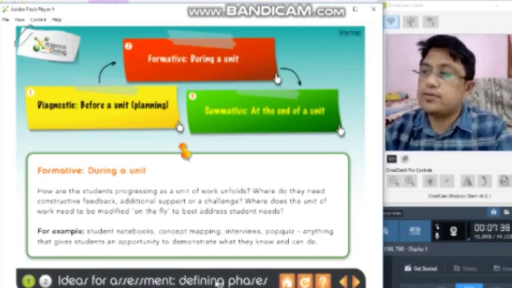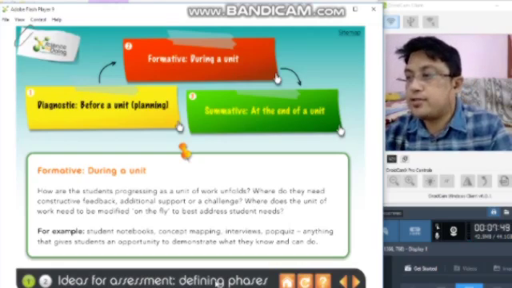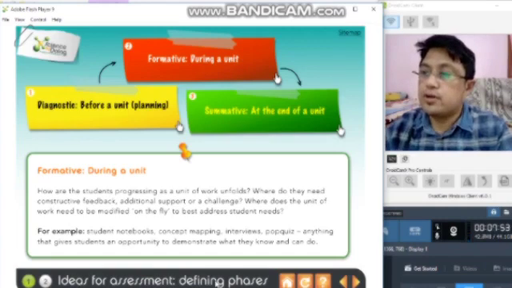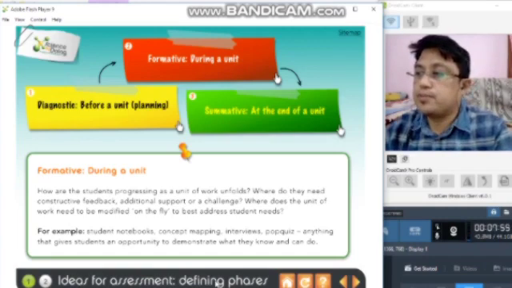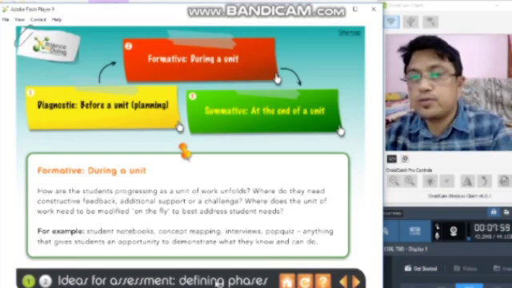How do they need constructive feedback, additional support, or a challenge? Where does the unit of work need to be modified on the fly to best address students' needs? For example, students' notebooks, concept mapping, interviews, pop quiz, anything that gives students an opportunity to demonstrate what they know and what they can do.